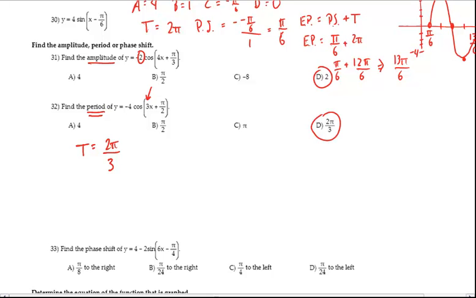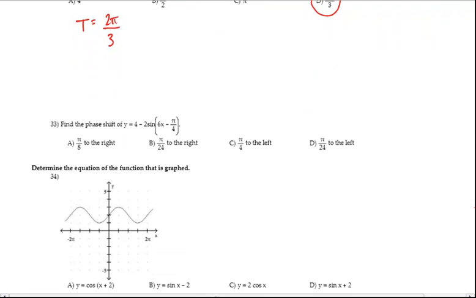Next one, find the phase shift. Remember what we did in class, phase shift is equal to negative c over b. So all you have to do for this one is make sure you have the negative of negative pi over 4, divide that by 6.